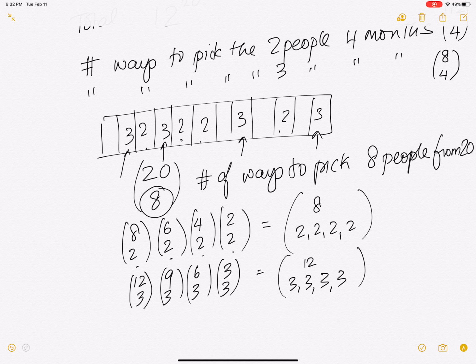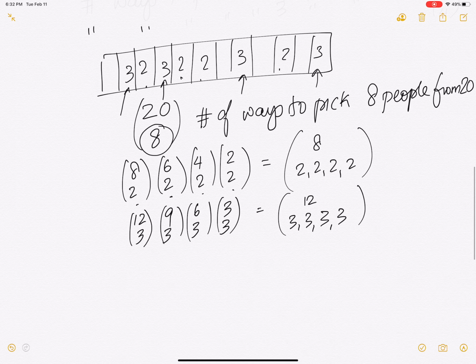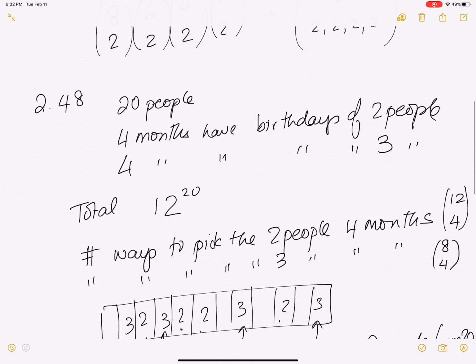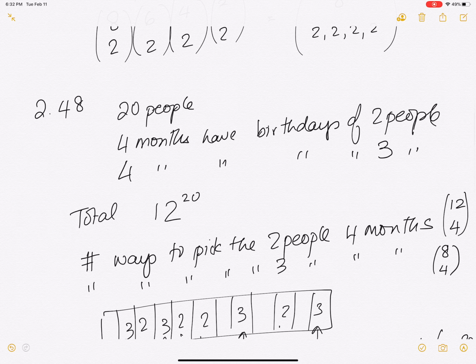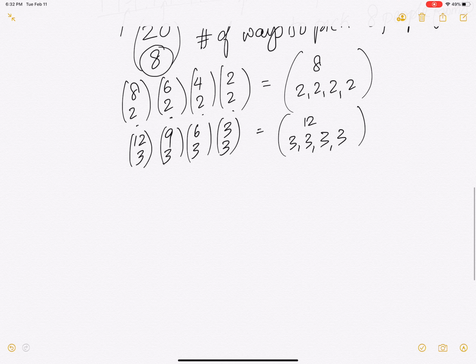Okay, so what's the total number of ways we can assign the birthdays following the requirement they have? 4 months have birthdays of 2 people, 4 months have birthdays of 3 people. What would that be? Well, we see that'll be 20 choose 8, times 12 choose 4, times 12 choose 4.